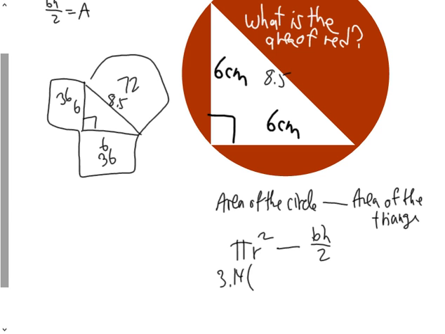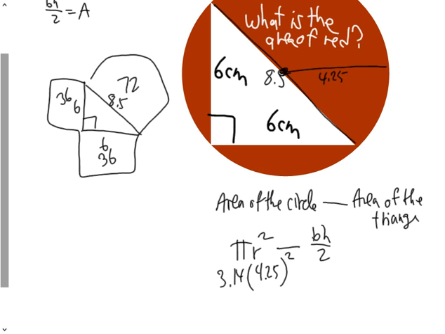3.14 multiplied by, now here's the tricky part. If the diameter is 8.5, what is the radius? 4.25, right? Half of the diameter, or 8.5 divided by 2. Half of 8.50 is 4.25. So I put 4.25 here, and I square it.